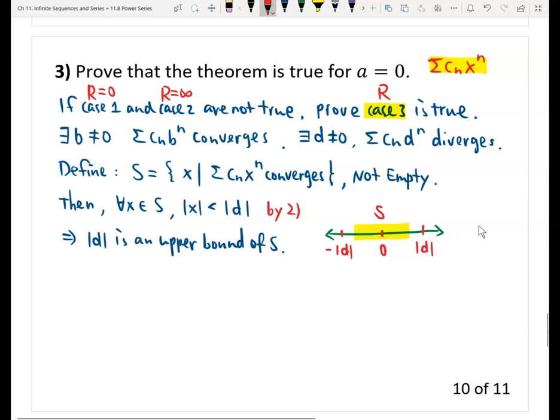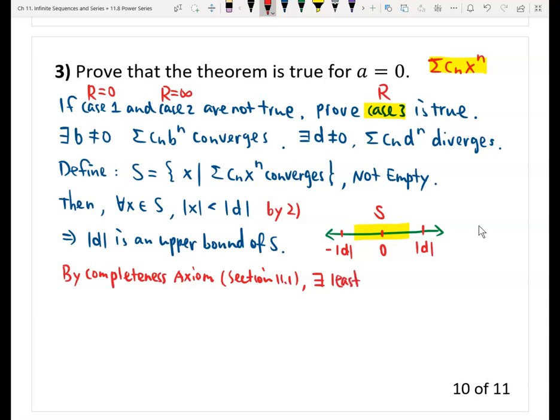But now, where is R? If we use these results, by completeness, if someone remembers, the completeness axiom we learned in section 11.1 at the beginning of sequences, gives us that if we have an upper bound, then there exists a least upper bound.